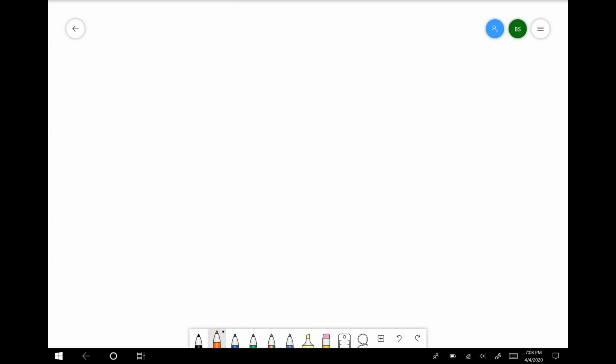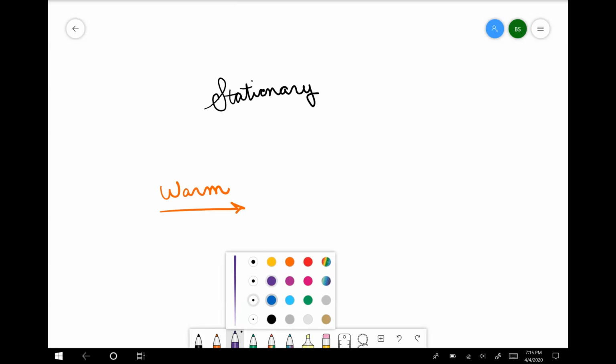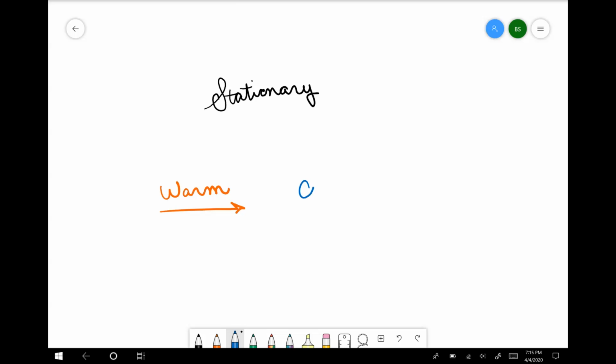So in the case of a stationary front, the warm air mass and the cold air mass run into each other, and they both have the same amount of force. Neither one is strong enough to move the other.